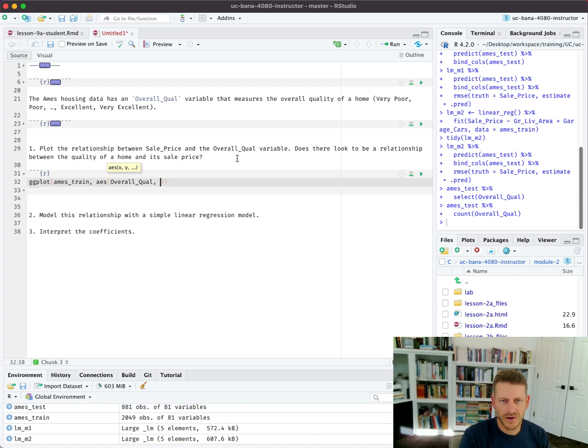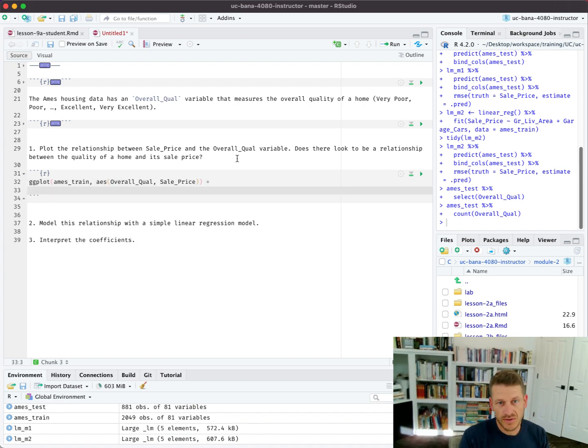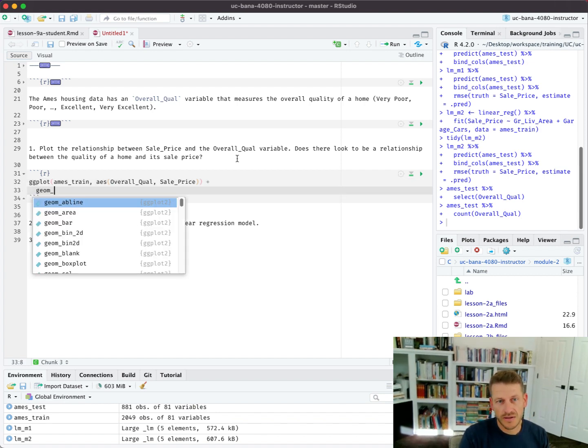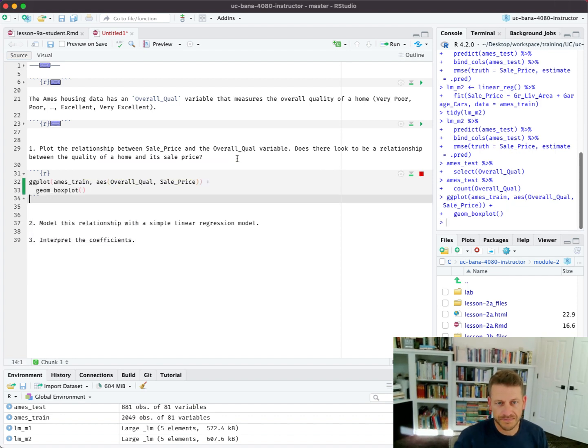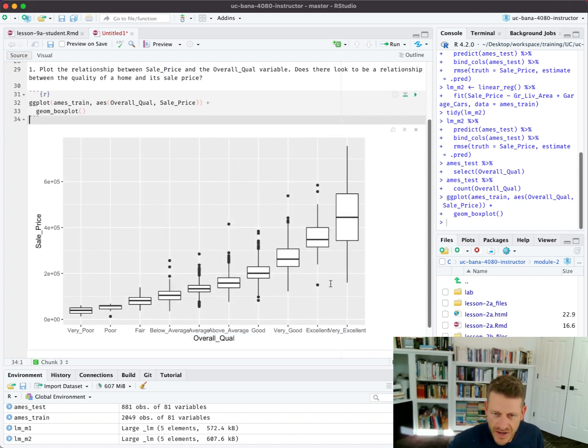On the Y-axis, I'm going to do sale price. And then I'll give me a box plot. So now I can see the distribution of the sale price for each of these different levels of overall quality.